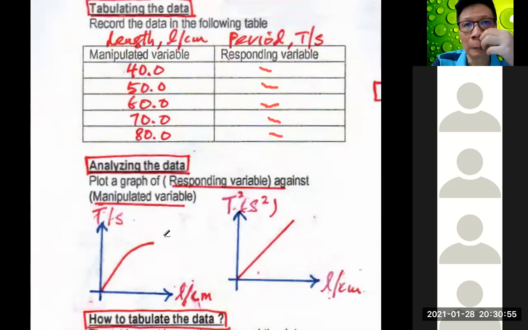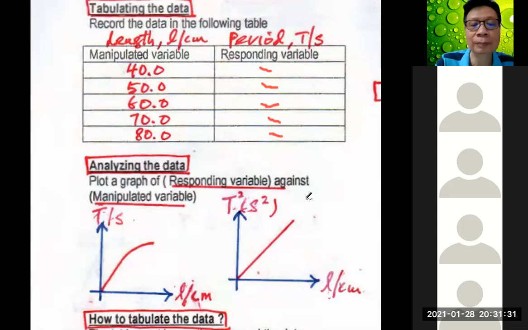Remember, next time when you do this experiment, maybe in your exam, you must expect a curve when you are plotting T against L. Unless the question asks you to plot another graph, T square against L. T square means that you square the period using a calculator. Then the unit also becomes squared. And the length stays the same. Then you get a straight line.